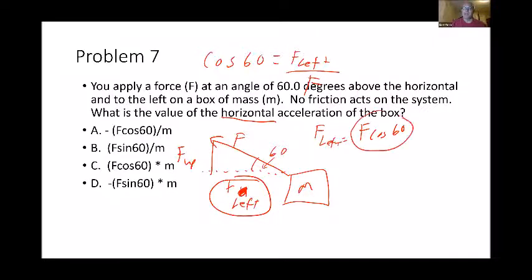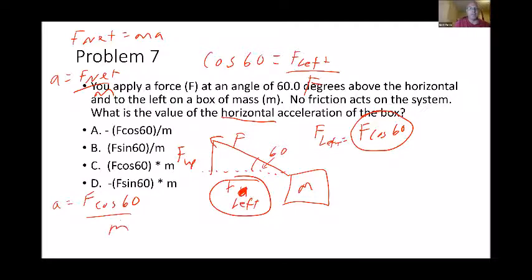So that's our net horizontal force. We're looking for the acceleration. We know that F net equals ma, which means that a equals F net over m. So plugging in our values, our net force is F cosine 60 over m.